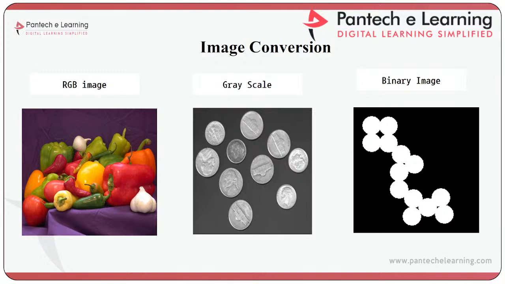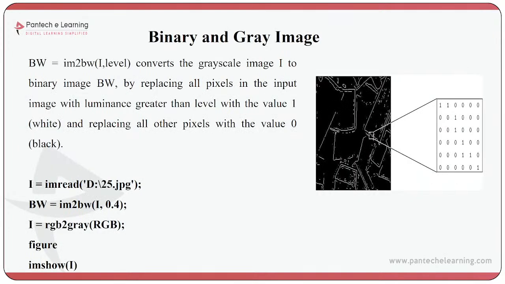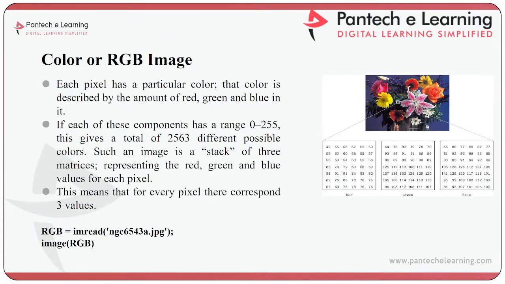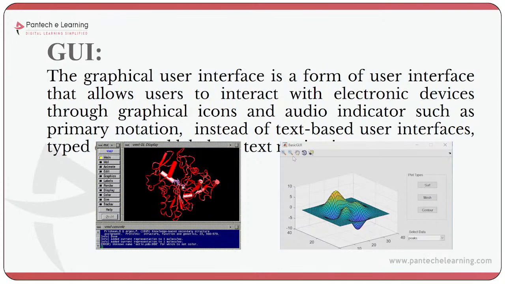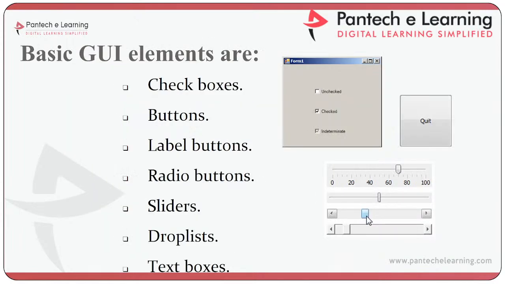So this is image conversion, binary and so on. This is the GUI, graphical user interface. The basic GUI elements are checkbox, buttons, label, radio buttons, and sliders.